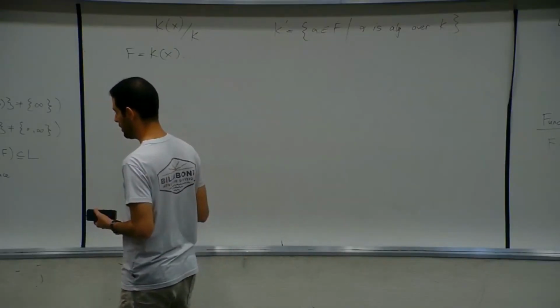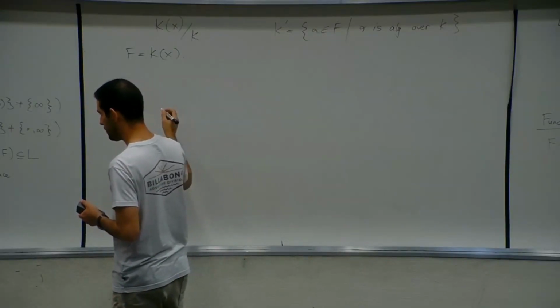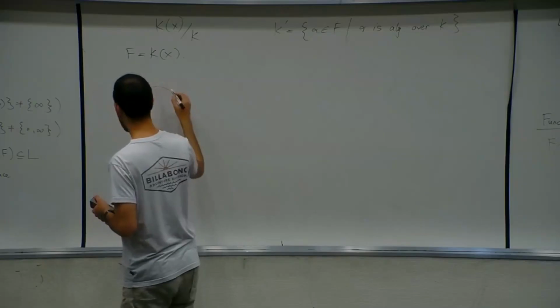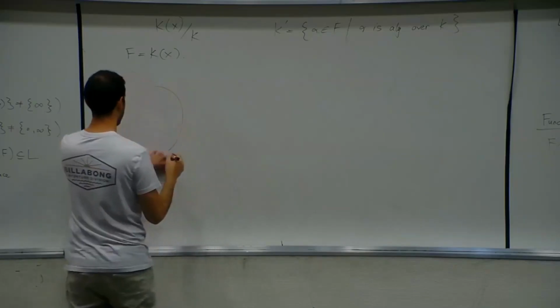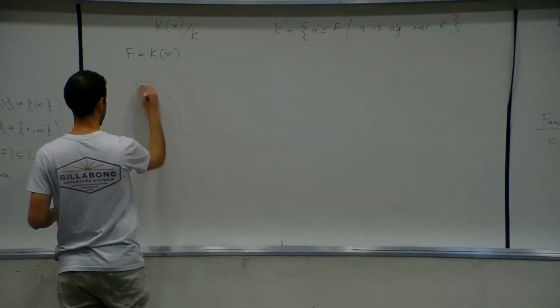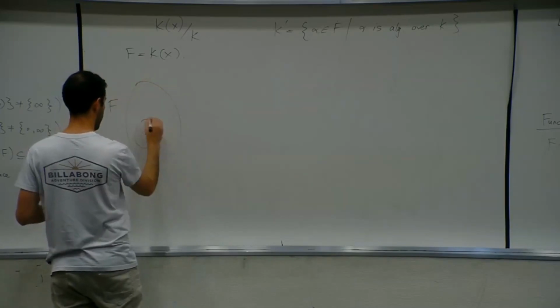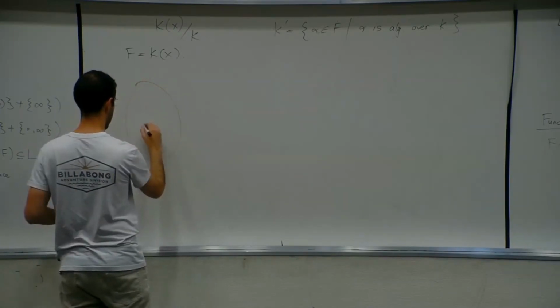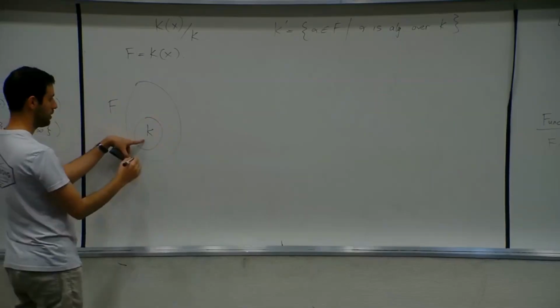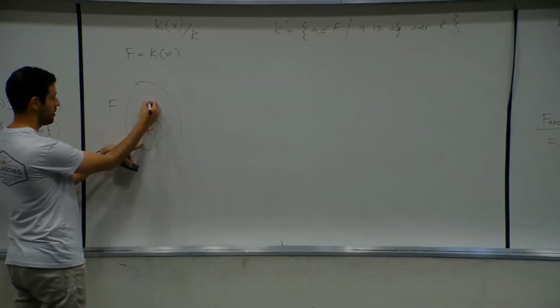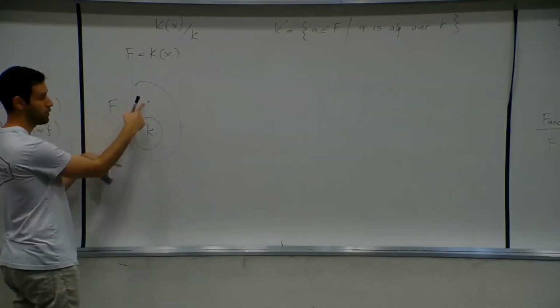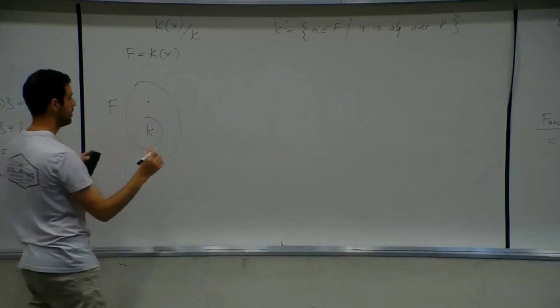So we have F, we have k. There are the constant functions, and there are the elements of F which are not in k, which are transcendental over k.